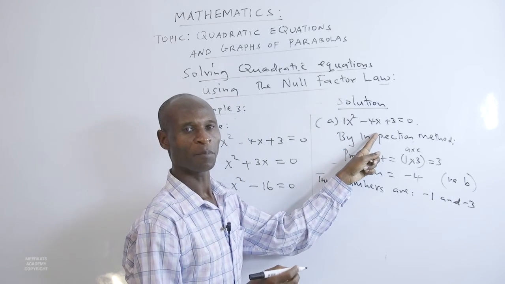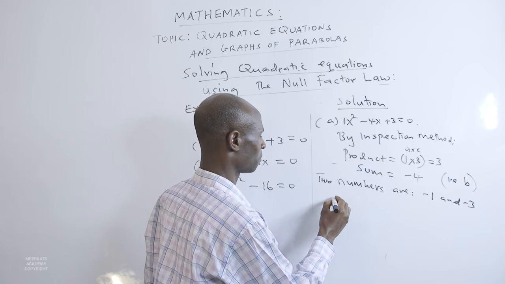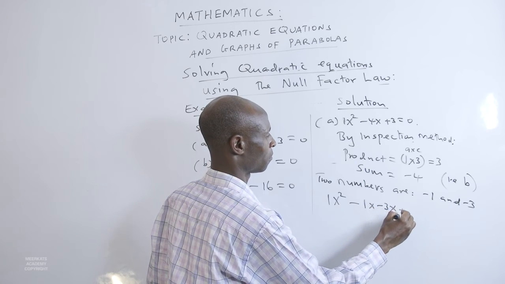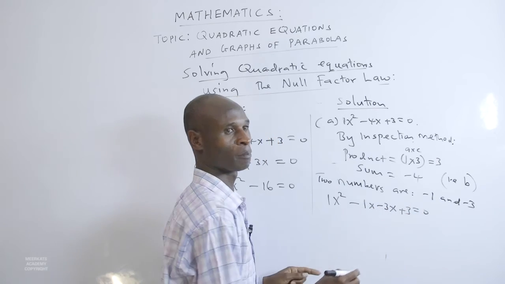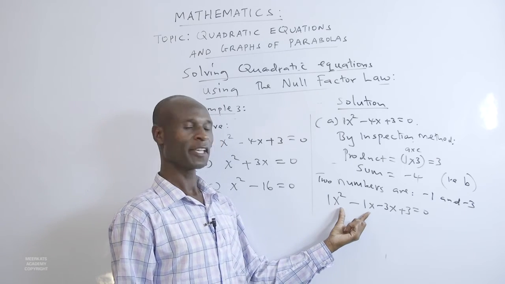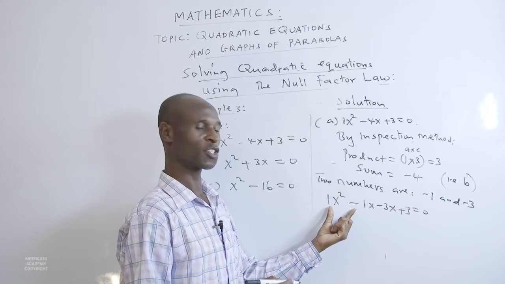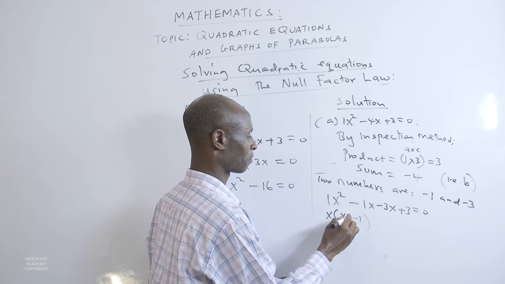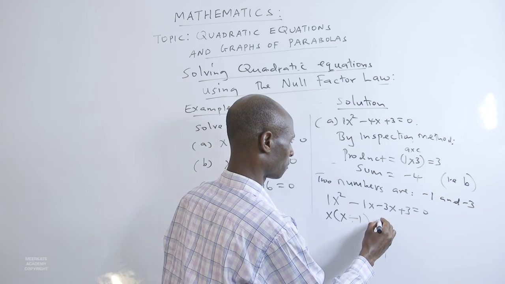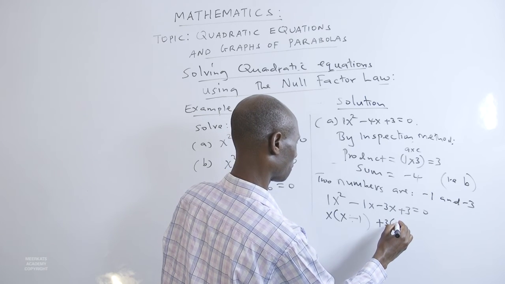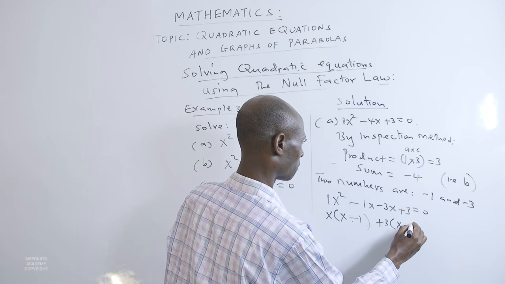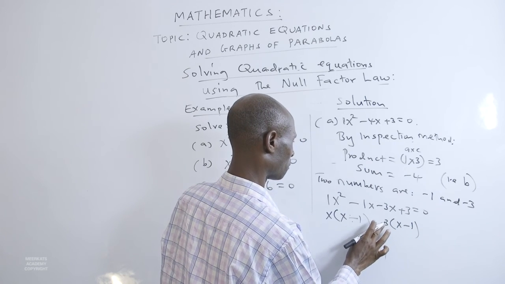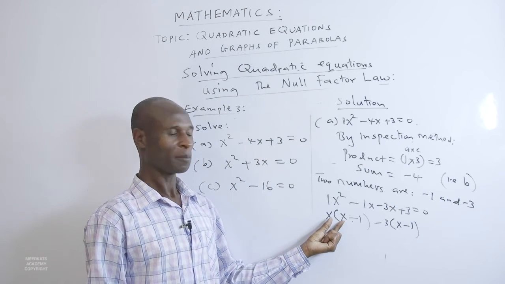So we split the middle term, which is the linear term. In this case, we factorize the first two terms, where x is common. So the first term, x is common.